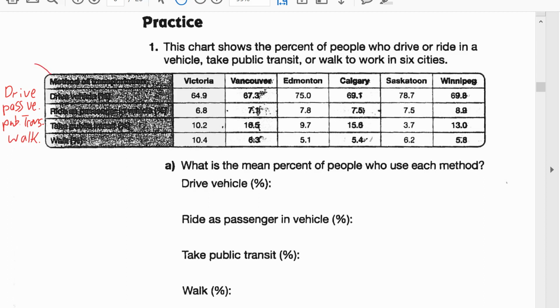And this just says method of transport. Okay, we got all the cities.